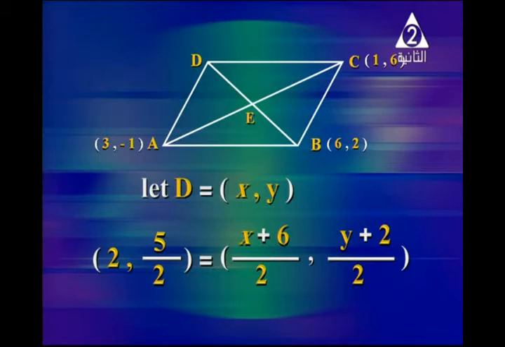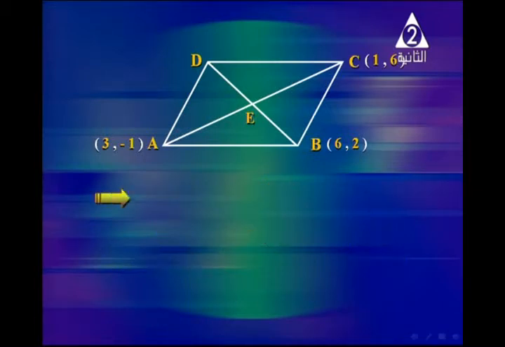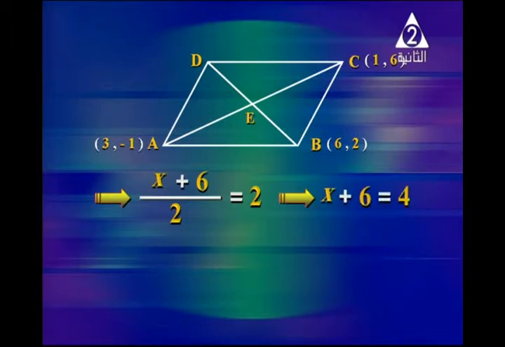So we can equalize the X coordinates. So it is 2 equals (X + 6)/2. And in this case, by cross multiplication, we can say that X + 6 equals 4. So X will be -2.